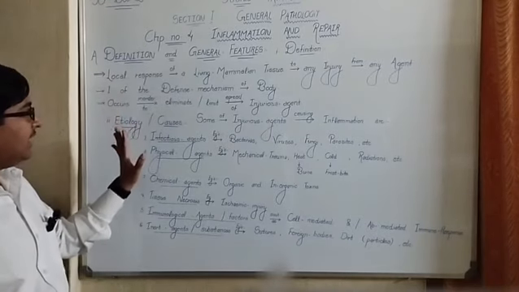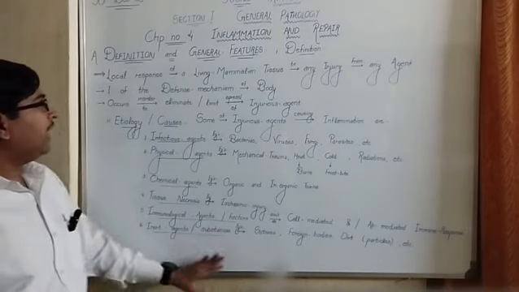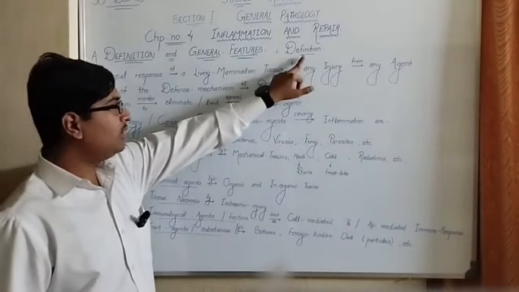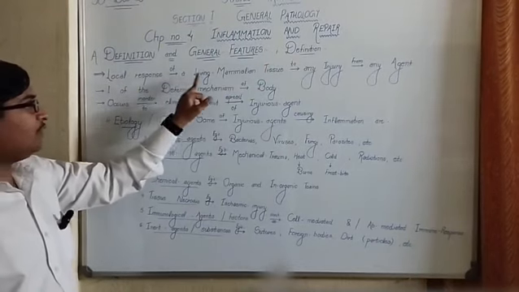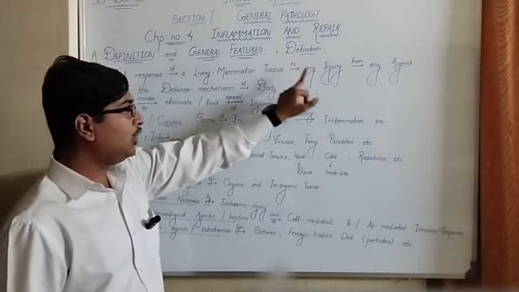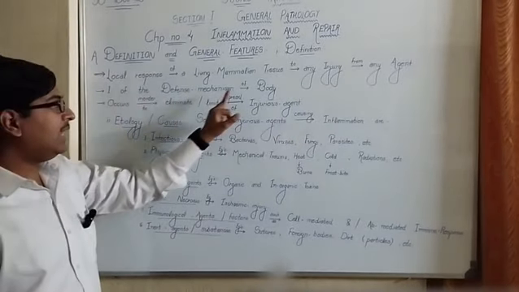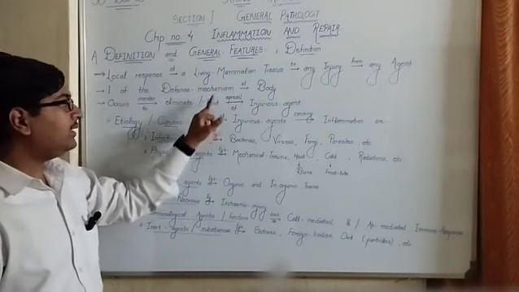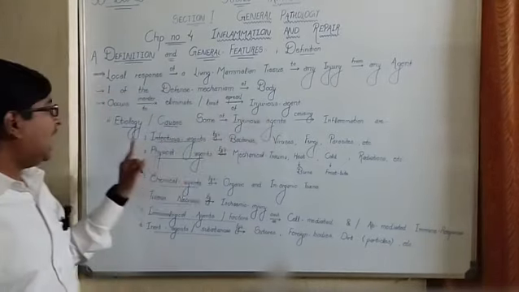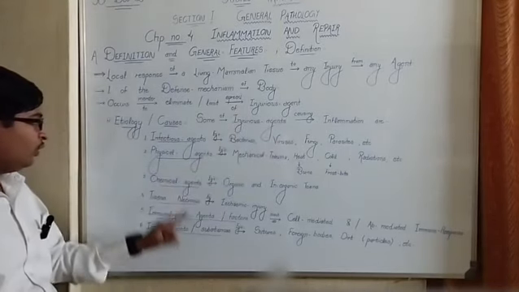So now we have studied the definition and general features of inflammation. First, the definition, where inflammation is defined as a local response of any living mammalian tissue to any injury from any agent. It is one of the defense mechanisms of our body which occurs in order to eliminate or limit the spread of injurious agents. Some of the etiological factors causing inflammation are as follows.